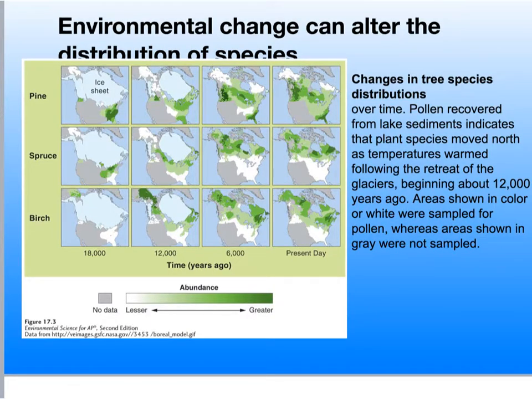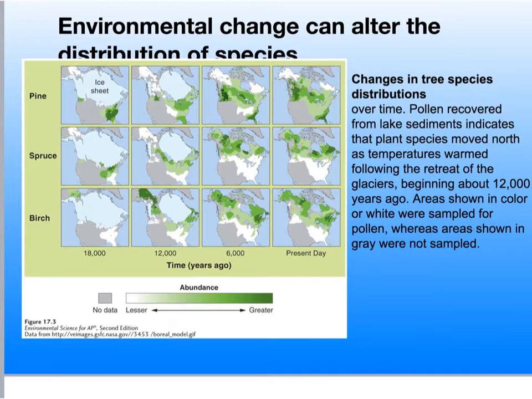Because species are adapted to particular environmental conditions, we would expect that changes in environmental conditions would alter their distribution. This illustration shows the changes of tree species distribution over a period of time. This was from pollen that was recovered in lake sediments, in the muddy bottoms of lakes.